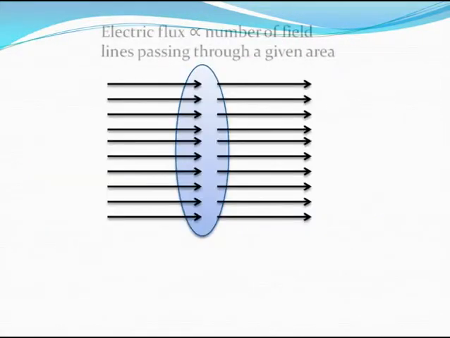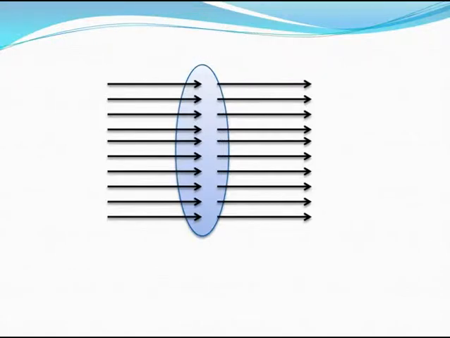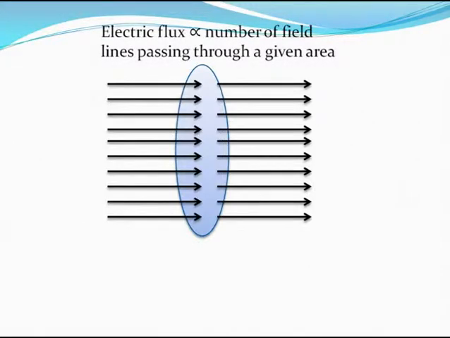When we talk about electric flux, we are basically talking about the flow of the electric field. How much electric field is flowing through an area? Well, roughly that's the electric flux. The electric flux is proportional to the number of field lines passing through a given area.